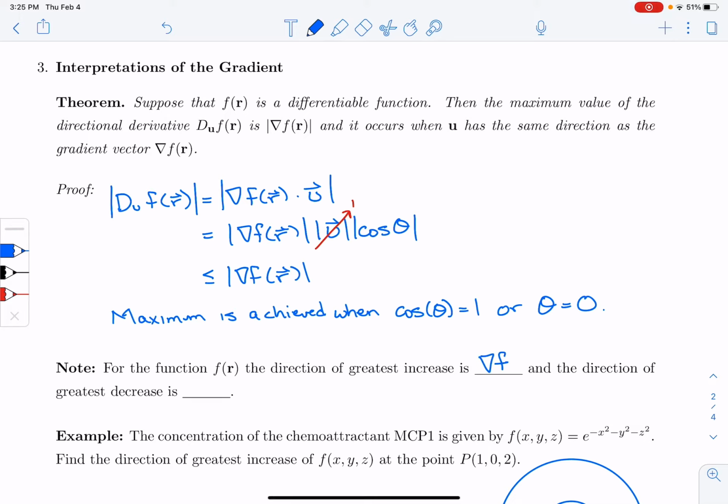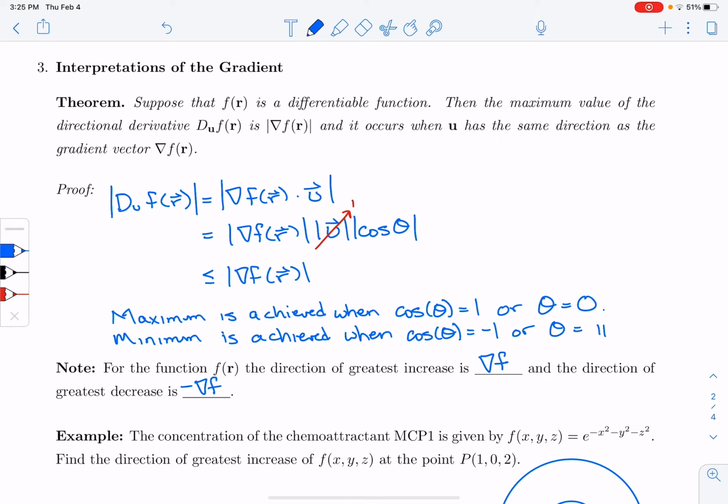and the direction of greatest decrease is actually going to be in the opposite direction. It's going to be minus the gradient of f, because we can also say that the minimum is achieved when cosine of theta is equal to -1, or that's when theta is equal to pi.